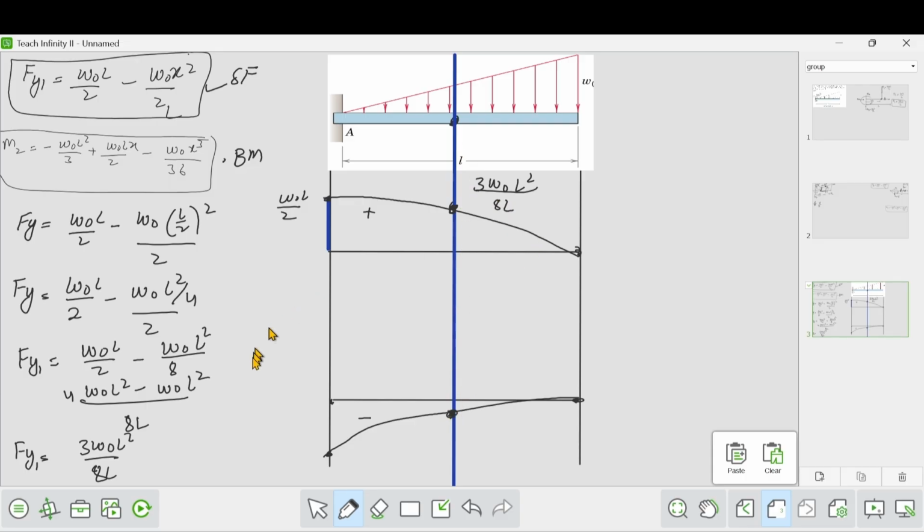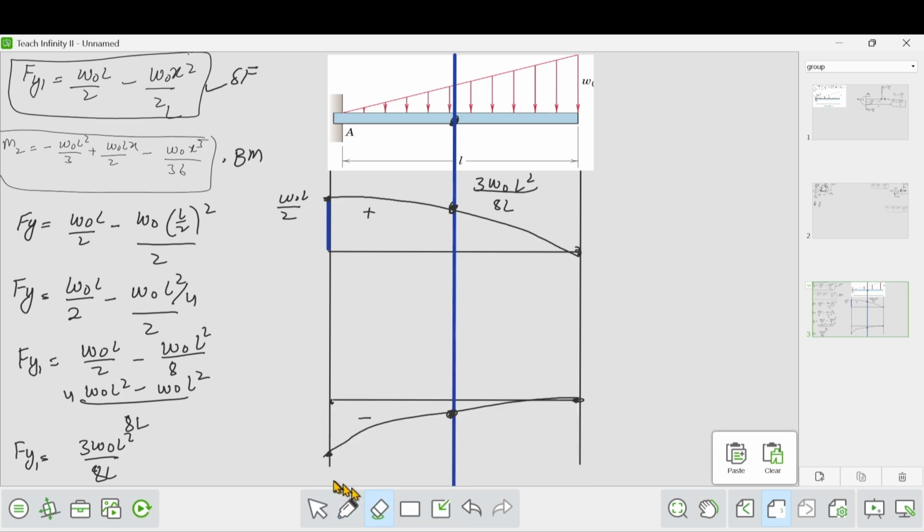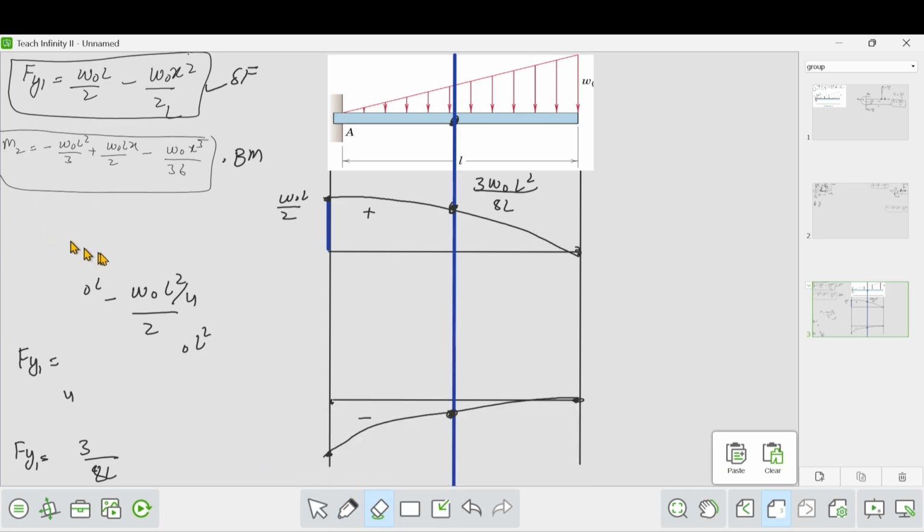At the mid of the beam, what will be the bending moment? If I erase this and find the moment at the mid of the beam, what will be the value of moment at the mid of the beam?